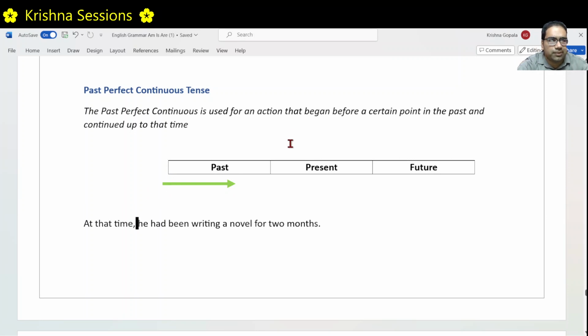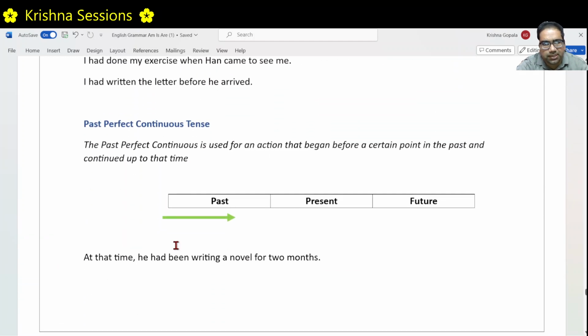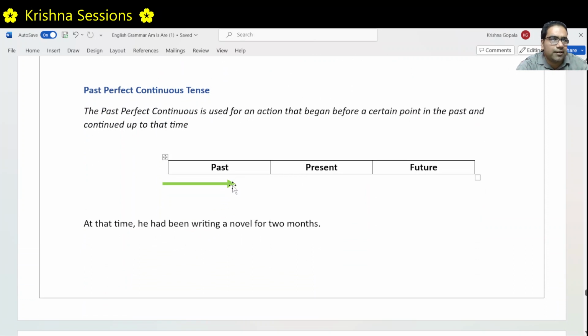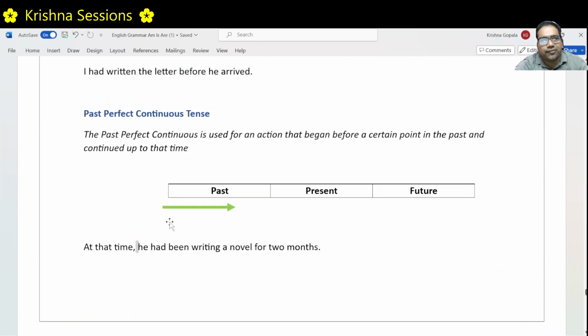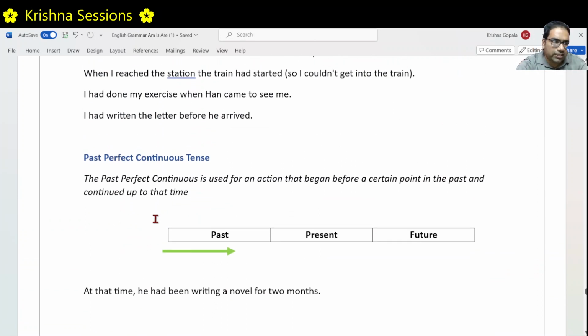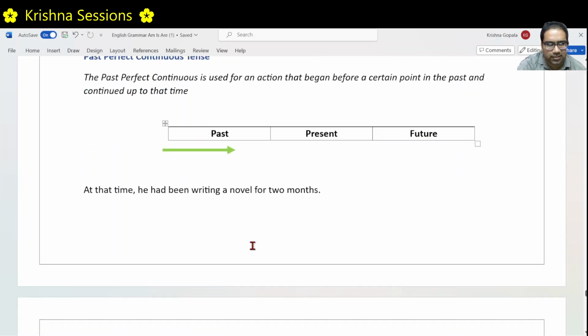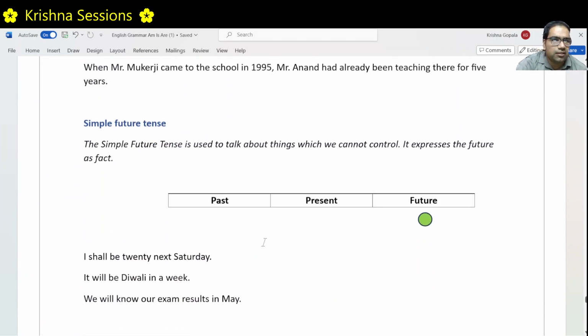That is past perfect continuous tense. It's simple. It's not just past continuous, it is past perfect. Past perfect means there's a point, and prior to the point, there is some continuity. Anyway, we'll get into details of how to exactly differentiate between this kind of past continuous or past perfect continuous, etc. Now let's get into future tenses.